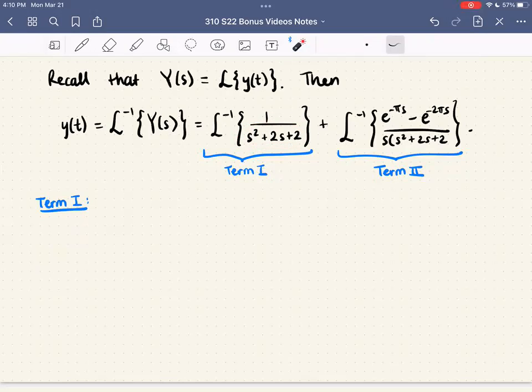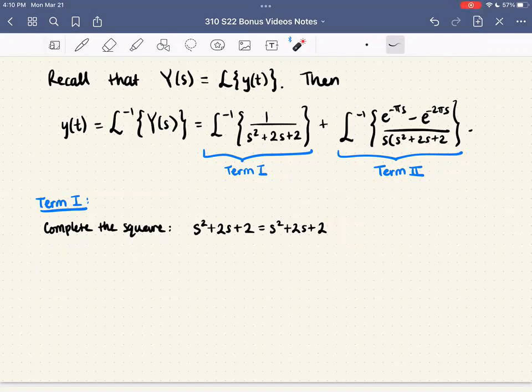But instead, let's complete the square. So s squared plus 2s plus 2. To complete the square, we need to add 0, but 0 in a creative way that gives us some help.